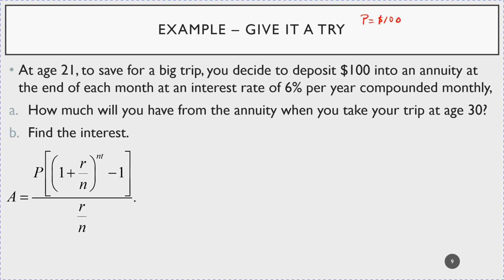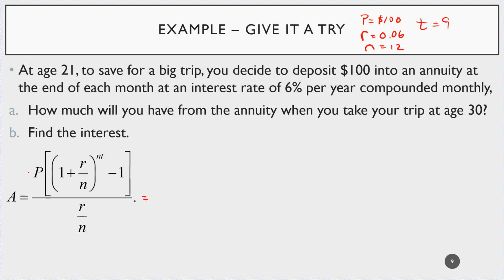That's your deposit into an annuity at the end of each month with an interest rate of 0.06, so 6% compounded monthly. The question says, how much will you have from the annuity when you take your trip at age 30? If you start at 21 and you want to go on this trip when you're 30, you're saving for 9 years.